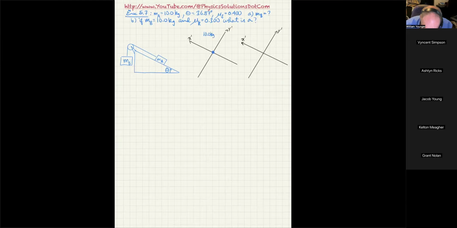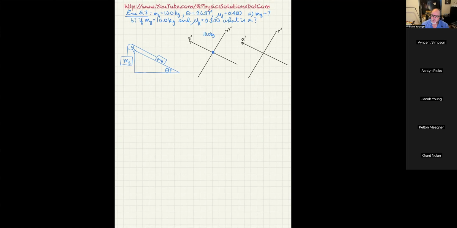Now I have a force acting on it. Remember the way I'm trying to tell you guys to learn how to do a free body diagram is you first take the thing that you're making the free body diagram of and consider all the objects that are touching it. So right now, all we see that's touching M sub A is the inclined plane and the pulley.